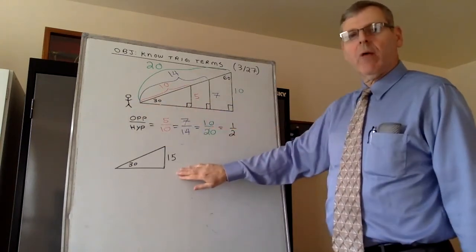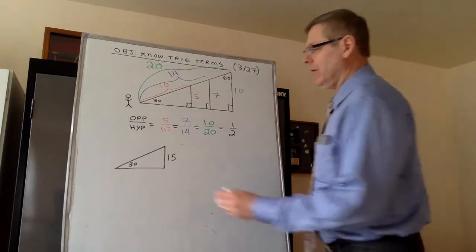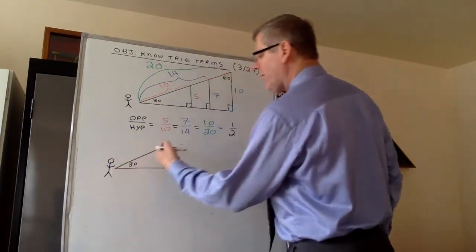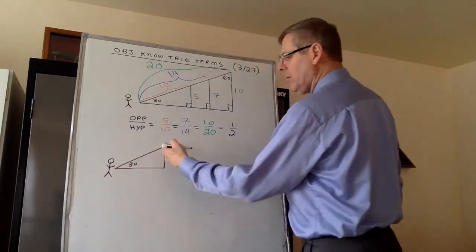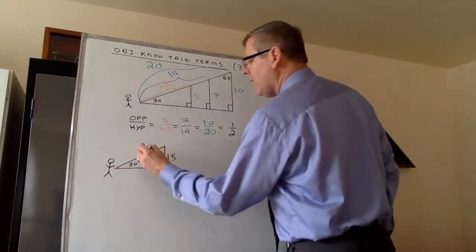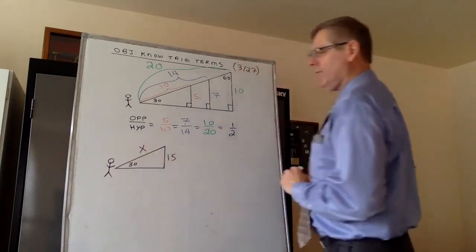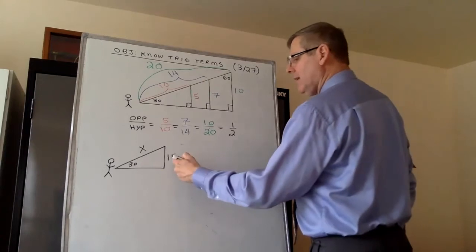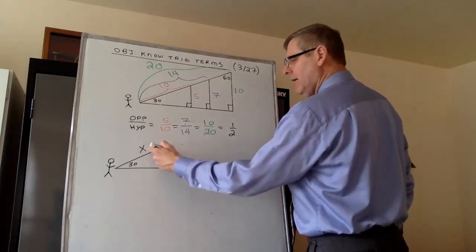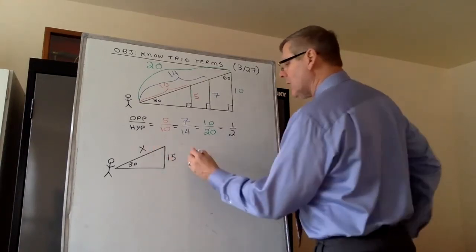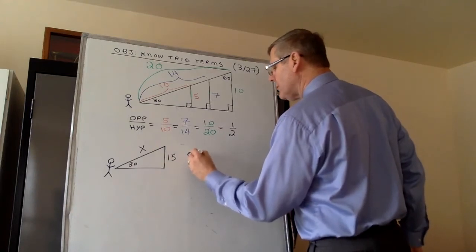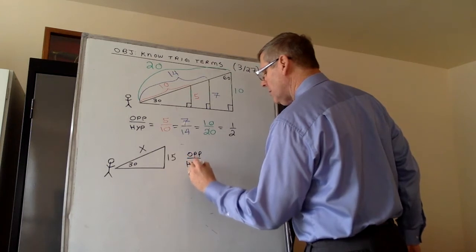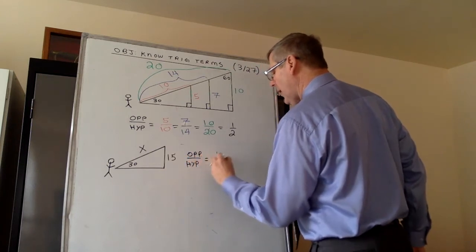So let's go back to that wall ball example we talked about earlier. If I'm right here at the 30 degrees and I throw that ball 30 degree angle against the wall, if I want to see how far the ball travels, that's X. Okay, what I know is that this is the opposite side and this is my hypotenuse. So I know that the ratio of the opposite side to the hypotenuse has to be 1/2.